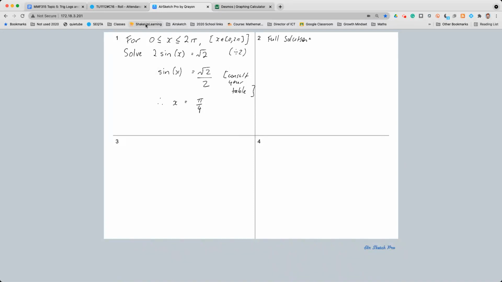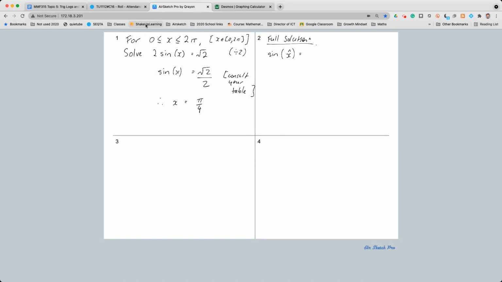Okay, so the first thing I would do is I would solve for the acute angle first. Okay, so full solution. The sine, now it's x we're looking at, right? So the acute angle, the base angle is going to be x hat.